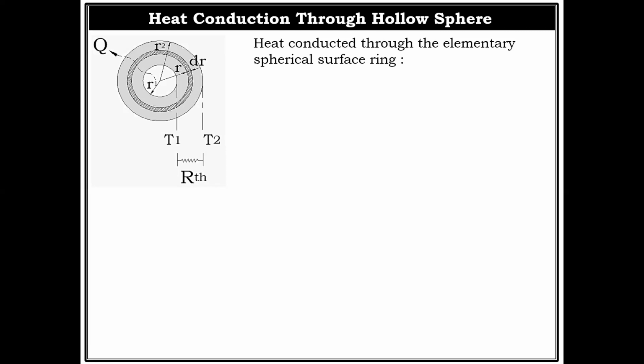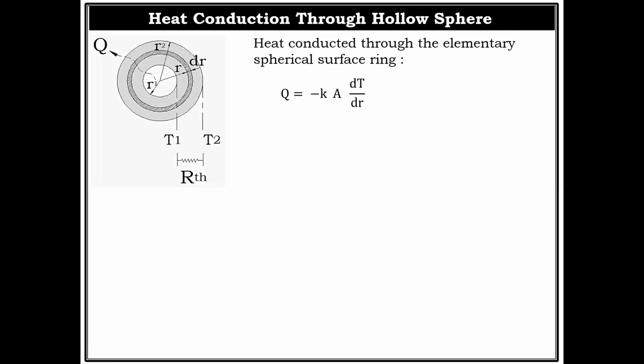So we have to consider an elementary ring because the radius goes on increasing. We consider one elementary ring at radius r and thickness dr. What does the thickness dr mean? That is the path of heat flow when it is passing through the elementary area. Fourier's law: Q is equal to minus KA dT by dr. We use dT by dx or dT by L, where dx or L stands for path length.